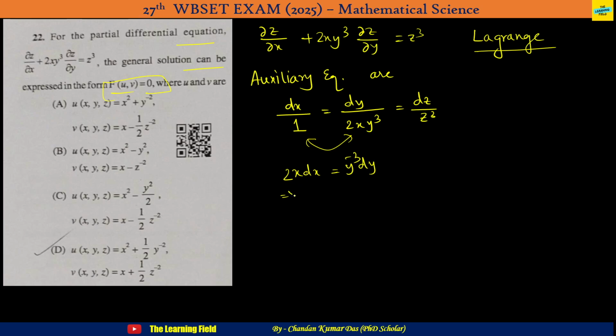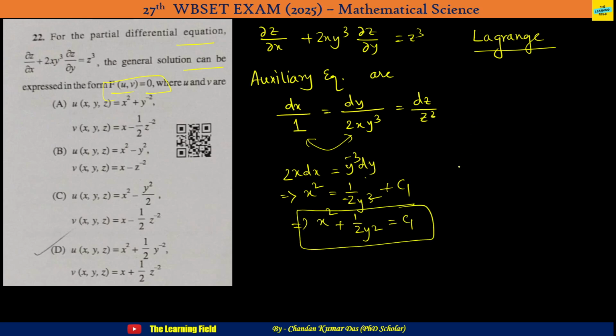So x square by 2 gives x square, 2 by 2 cancel, is equal to minus 3 plus 1, minus 1 by 2 y square, plus suppose c1. So this implies x square plus 1 by 2 y square is equal to c1.